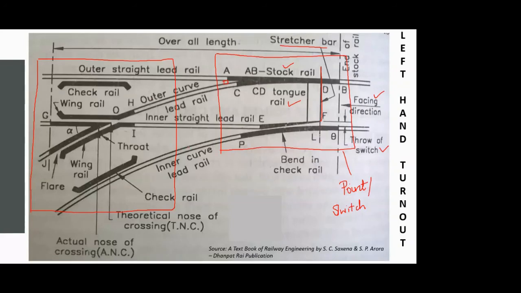And once we learn everything about this point and crossing separately, then we'll be moving on to, just by looking at a video, how the train changes track from one track to another. Just by looking at the video, you will be able to clarify your concept. Okay, so that's my idea of covering this topic. So in the next lecture, we'll be starting with this crossing section.